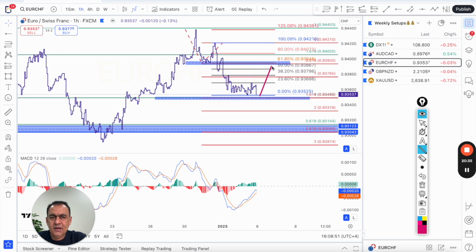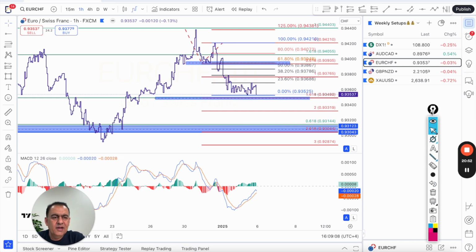Otherwise, any rally towards 9395 with bearish signs should be taken as an opportunity to sell EURCHF. So this is the short term plan for EURCHF, looking bearish in the short run.